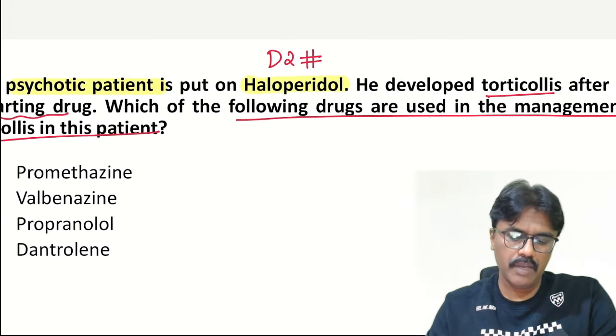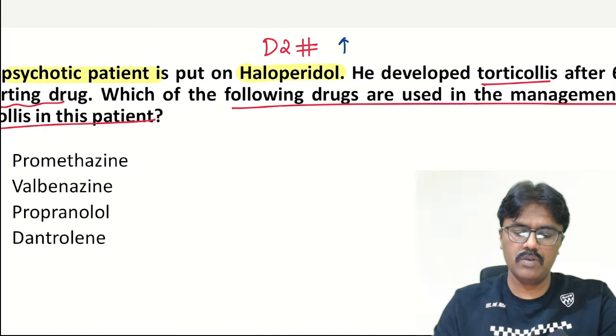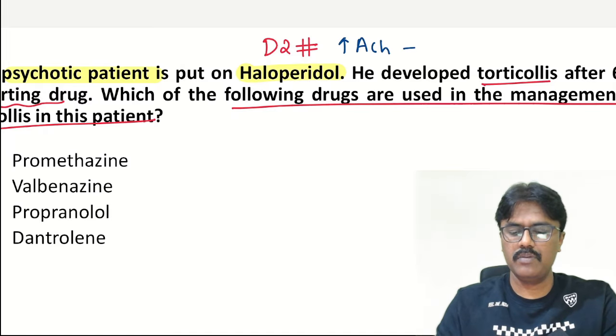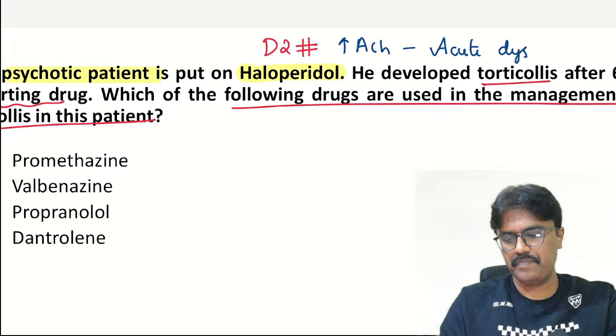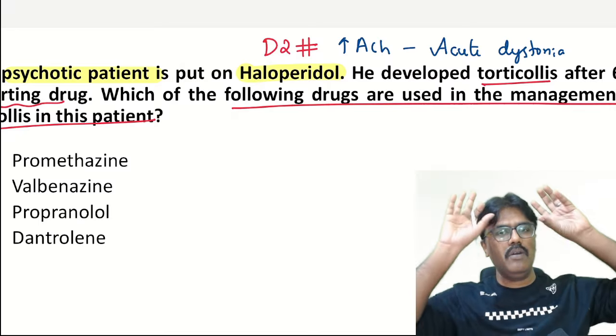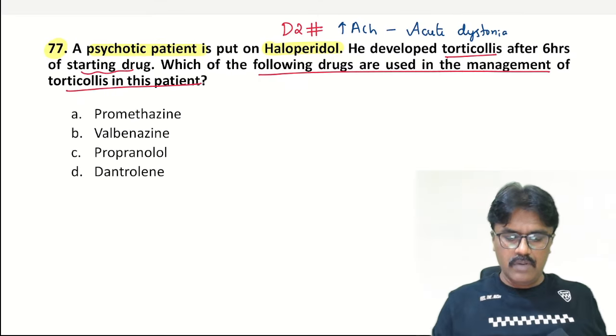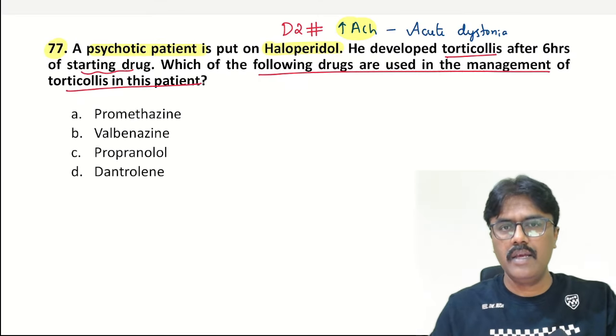Whenever you give a typical antipsychotic, dopamine is blocked, so acetylcholine goes up, and that will lead to a problem called acute dystonia. And that presents as torticollis or the oculogyric crisis. What is the treatment? The treatment is to decrease acetylcholine, and they are called anticholinergics.